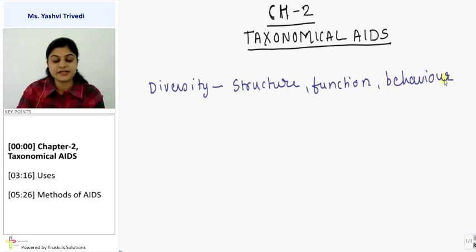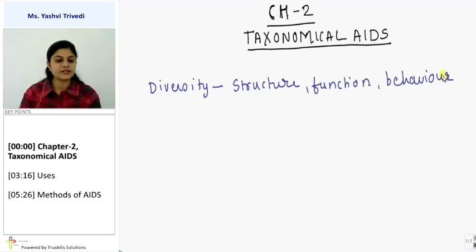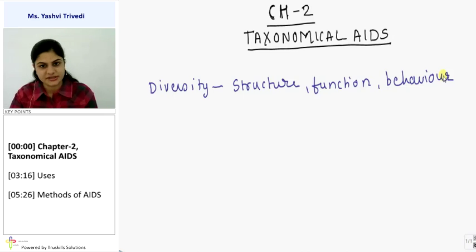So, what we need to do is, we need to identify and classify those different types of organisms, and then we can particularly arrange them, and so we can study them. So first of all the organisms with this much diversity yet interrelated with each other will be identified and classified.